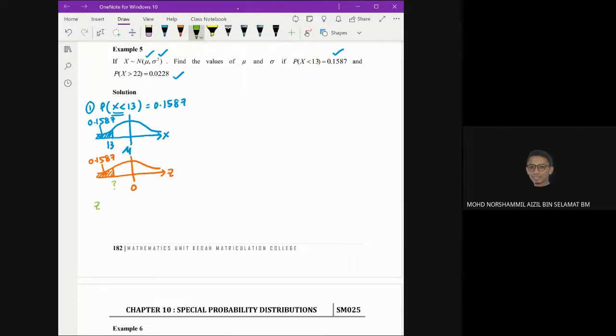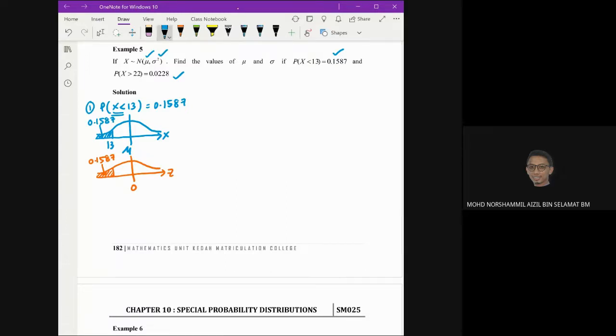Formula, Z equals X minus mu over sigma, right? Okay, sir. Substitute the corresponding value. Oh, dia duduk sebelah situ. Alamak, confusing pula. Style lah soalan ni. Tak apa, kita chill dulu.